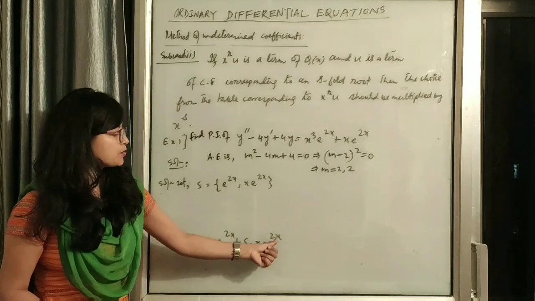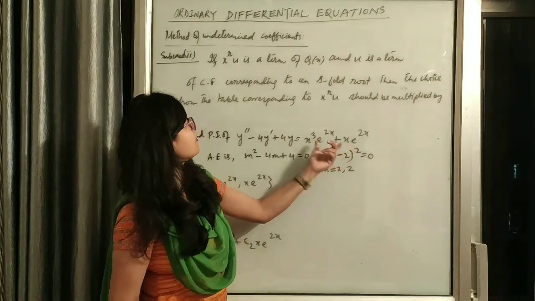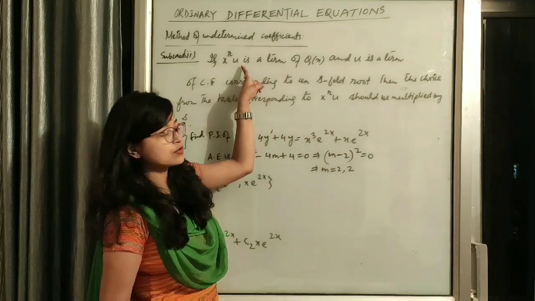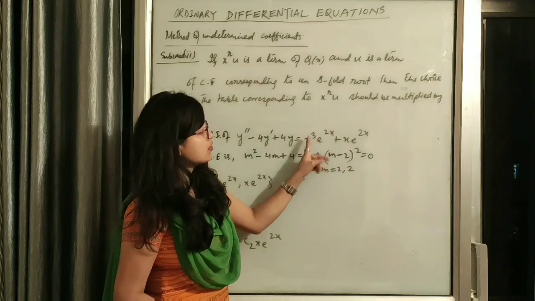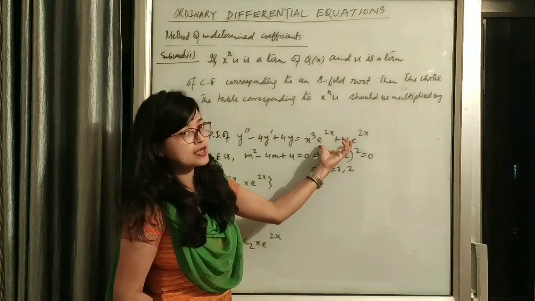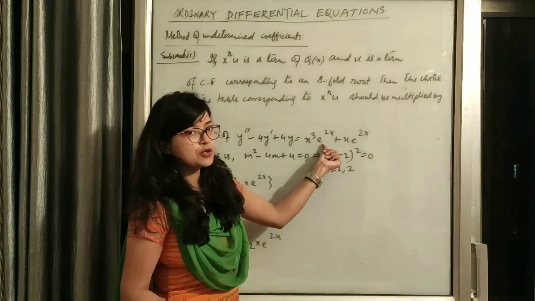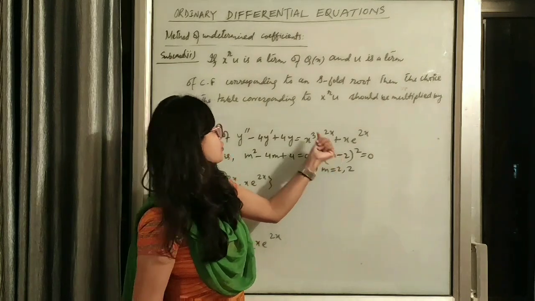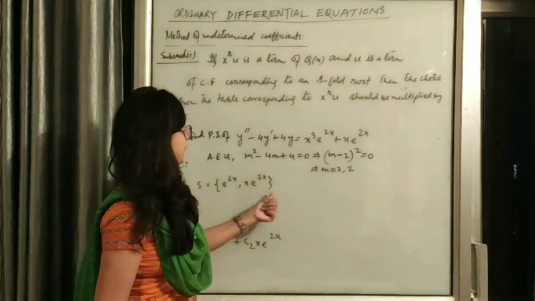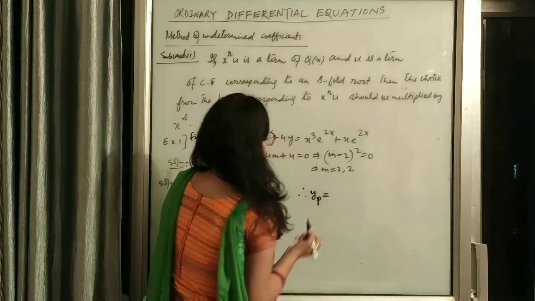We can see here the right hand side function is of the form x^r times u. It is also a sum of two functions, and the u, here e^(2x), corresponds to a double root. Hence we can select the yp as follows.